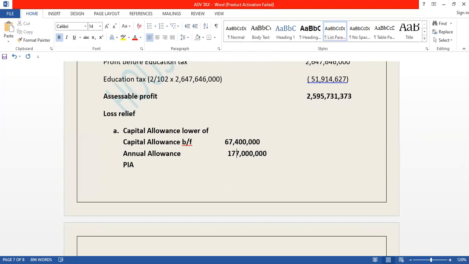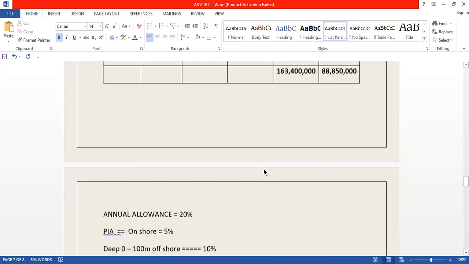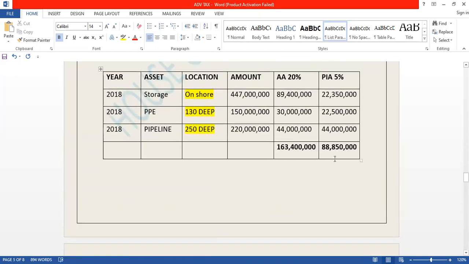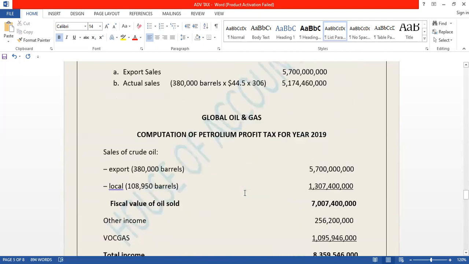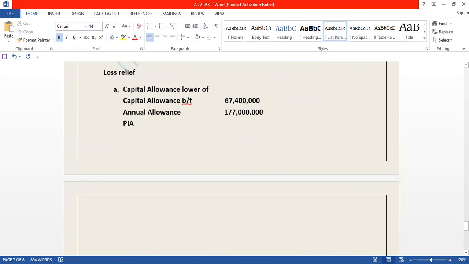Okay, so I think we are good with this. Now the PI. So we are going to bring the PI we calculated, which is 88,850,000. Yes, so we are bringing that here.